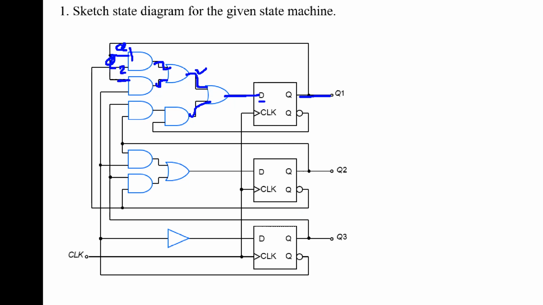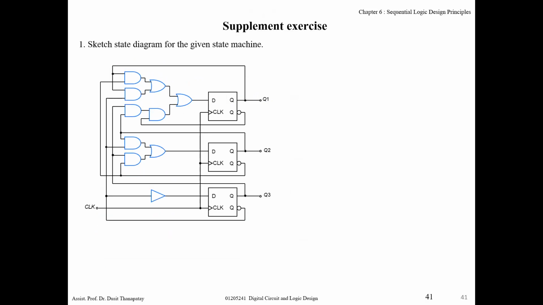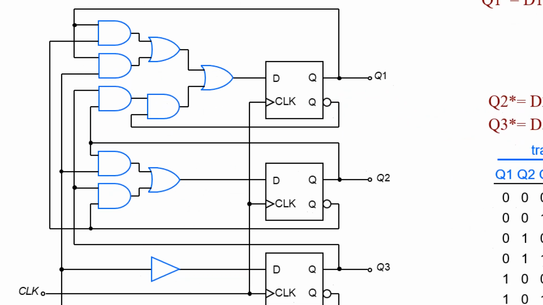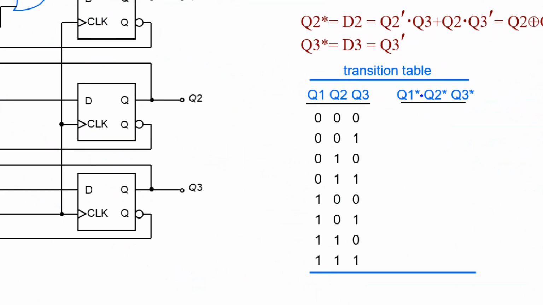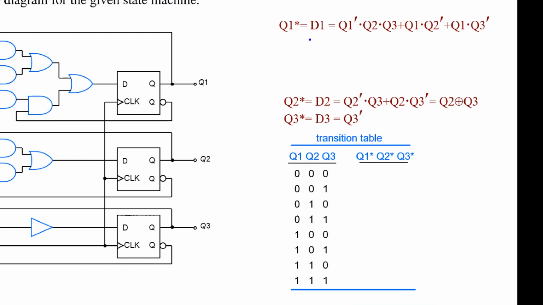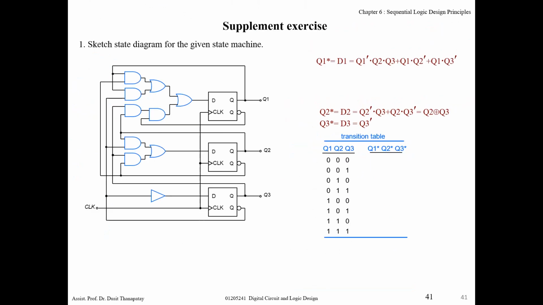This term is Q1, this term is Q3, and so on. So you can write something like this, with Q2, Q3 also. After that, you just fill the state transition table based on this transition expression. So by the result, you get something like this.